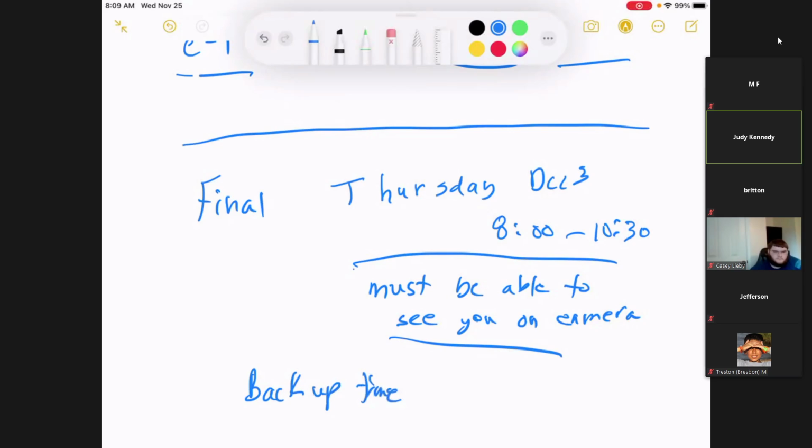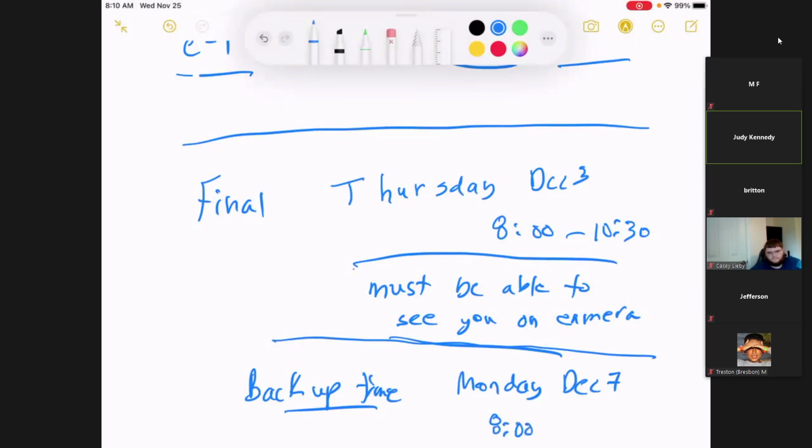In case you have internet problems or whatever, the backup time is Monday, December 7th, and it's 8 to 10:30 also.